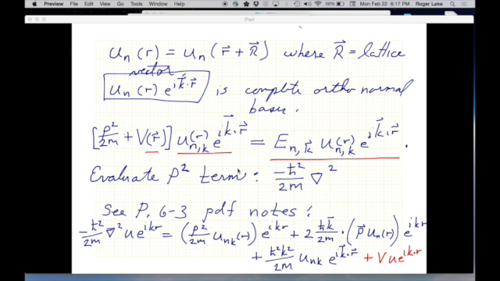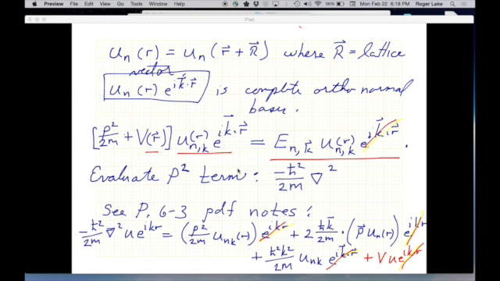And so if you notice, every term has this phase factor on both the left-hand side and the right-hand side, right? It's no longer being acted on. Every term now has this phase factor in it, which is now outside of the derivatives on both the left and right-hand side. And so you can cancel that phase factor out from everything.